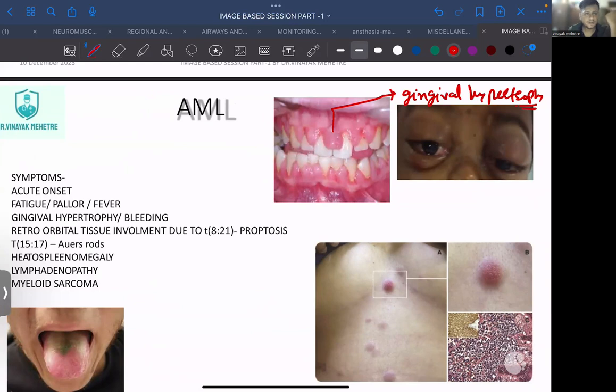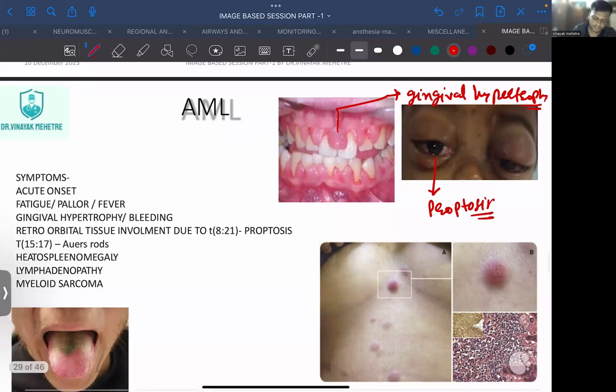Hypertrophy हो रही, right? And there will be also one more unique feature that is called as proptosis. What we will see? We will see proptosis. आंख बाहर आना. Okay, आंख बाहर आना.